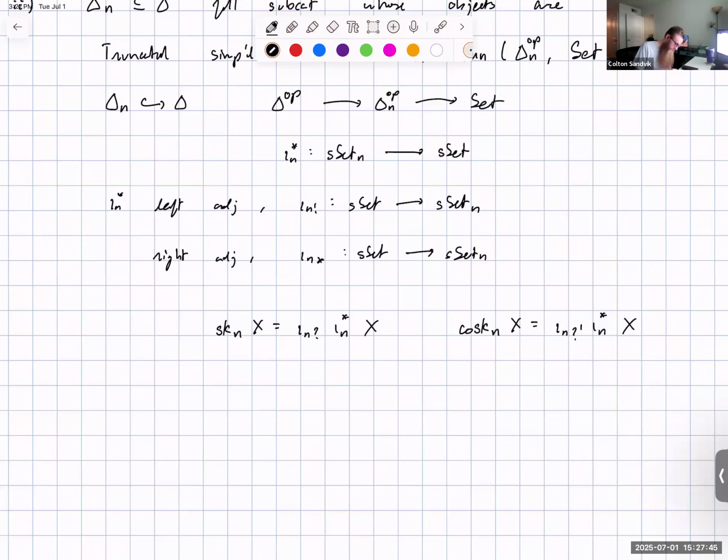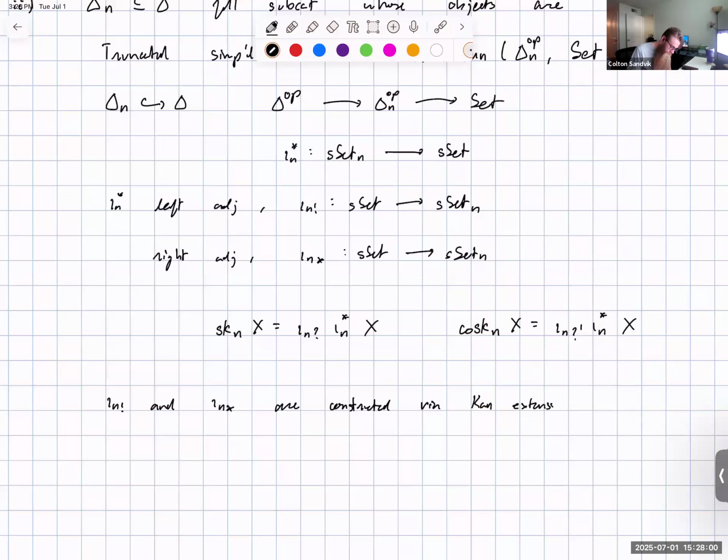So the way that they're constructed, both of these are constructed via Kan extension.